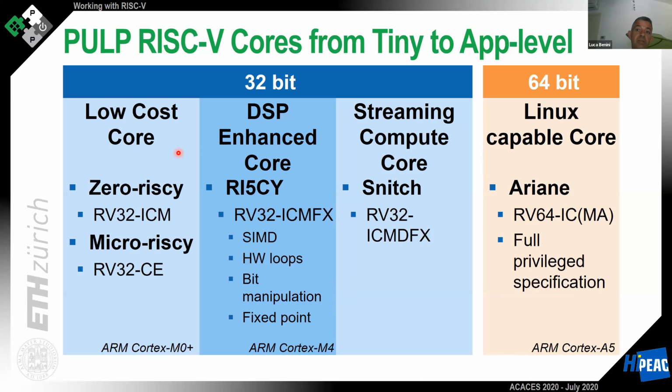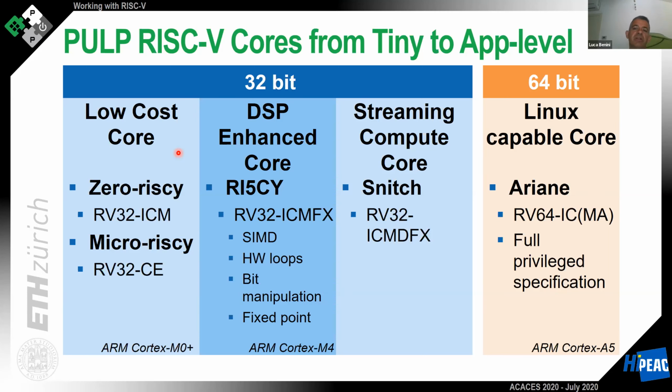In general, in the RISC-V community of hardware development of the cores, the 32-bit space is much more populated than the 64-bit space. First of all, because the 64-bit cores, as we will see, are more complex from the design viewpoint. Second, because they are much more expensive to make in real silicon systems or expensive to instantiate on FPGAs.